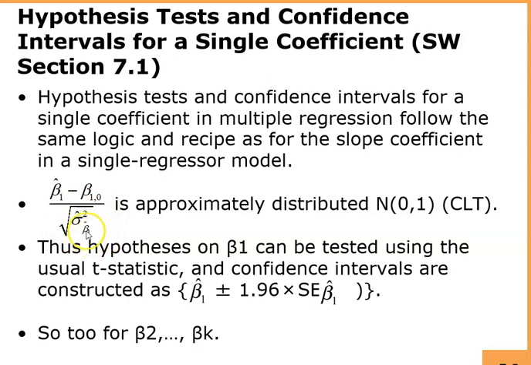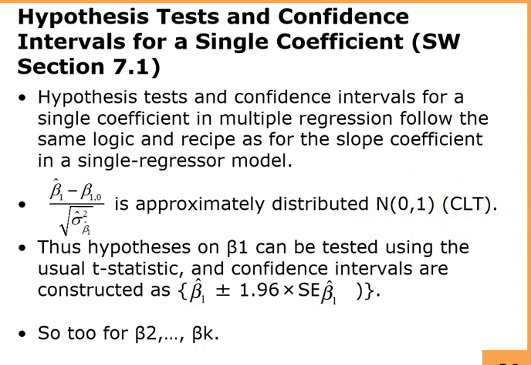The standard error of beta 1 is simply the square root of the variance of beta 1. And so this will be approximately normally distributed following the central limit theorem as described before.